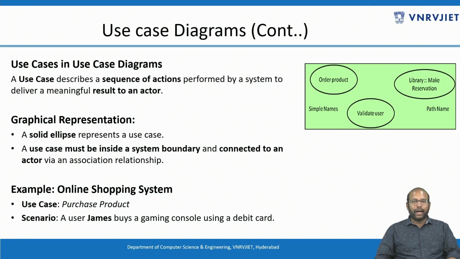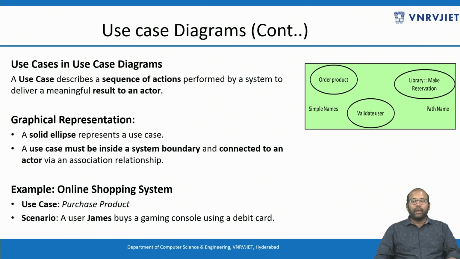When it comes to path names, whenever you write code in C++ or Java, when you are inheriting something or calling from the base class, you do it with the help of the scope resolution operator or colon. The same thing you are representing here. This is called a path. From the library base class or base object, make reservation is the next use case you are doing. This is the way you are accessing that particular element.